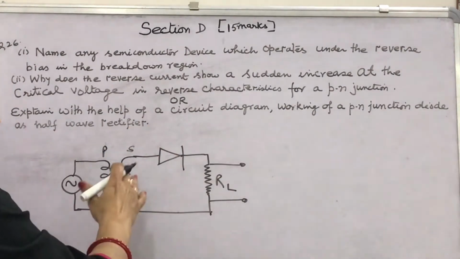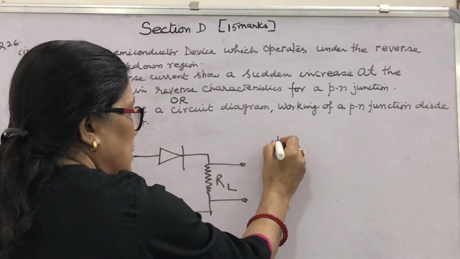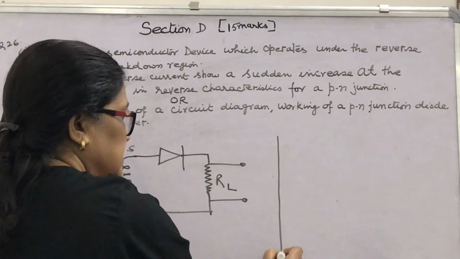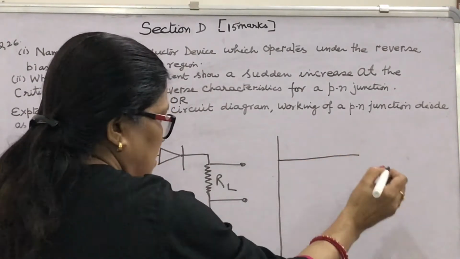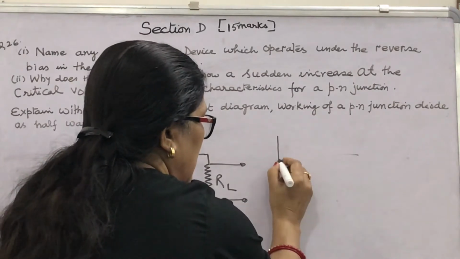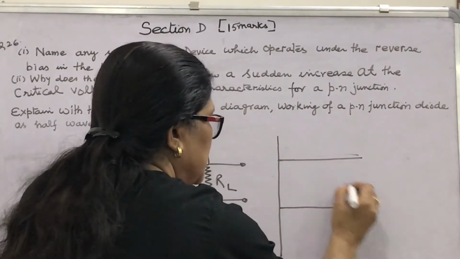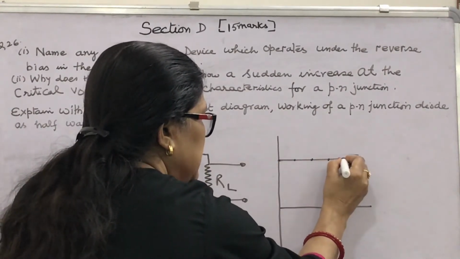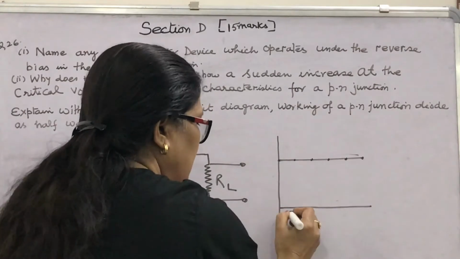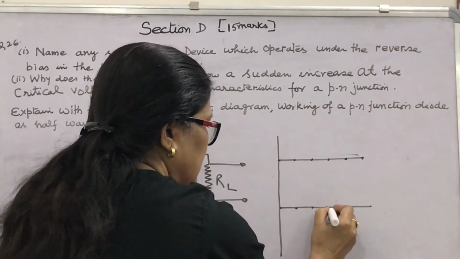First of all, draw a long y-axis and an x-axis to show the alternating input applied and the output obtained across the load.